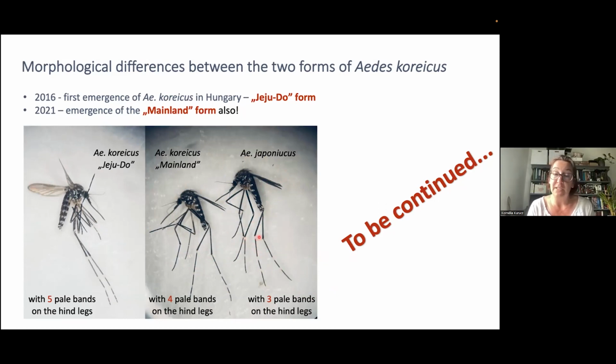But if we can see the hind legs, the whole part of the hind legs, then it can help to distinguish them. So I can say that's our only chance to get a really strict result, if we can see these 3 white rings or 4 or 5 on the hind legs.